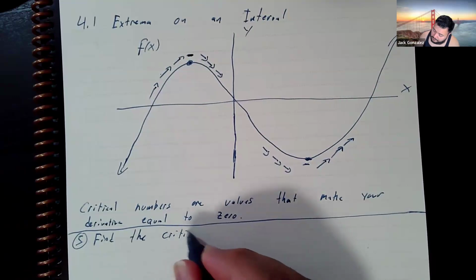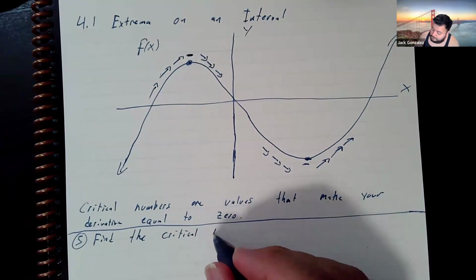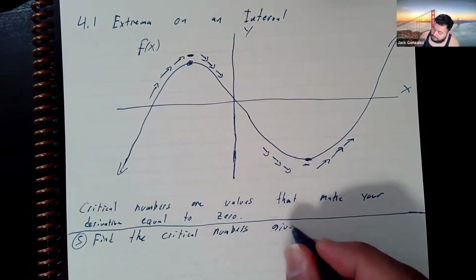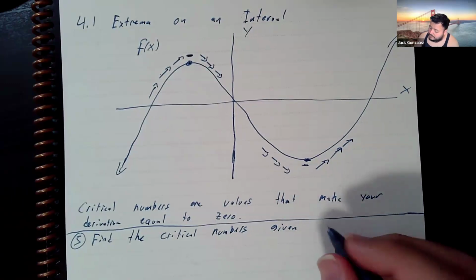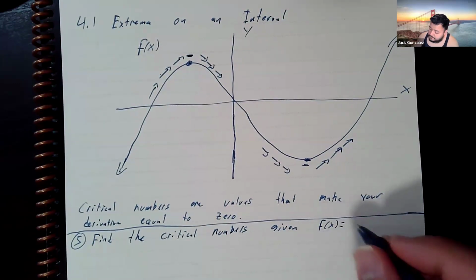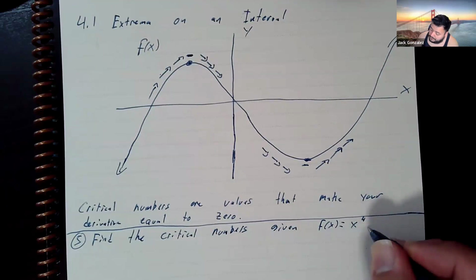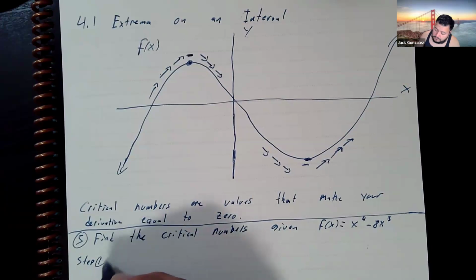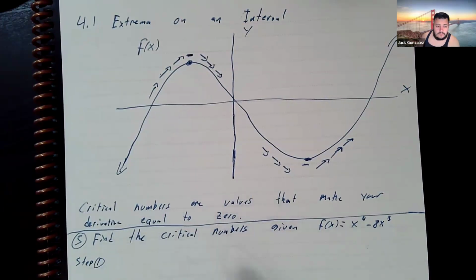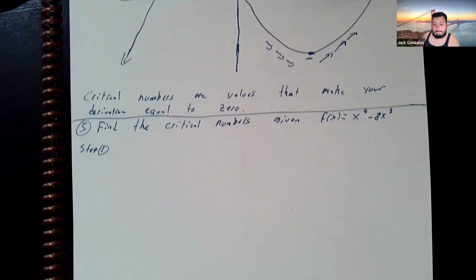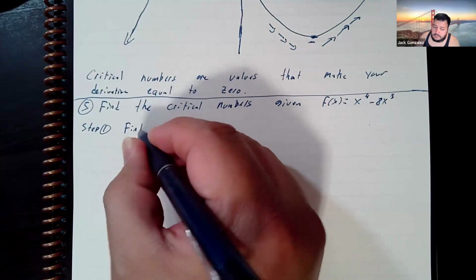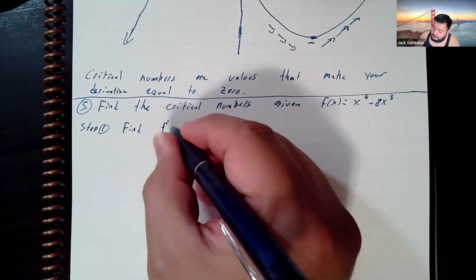The number 5 in your homework. Find the critical numbers given this function f of x equal to x to the 4th minus 8x cubed. Step 1. Find f prime.